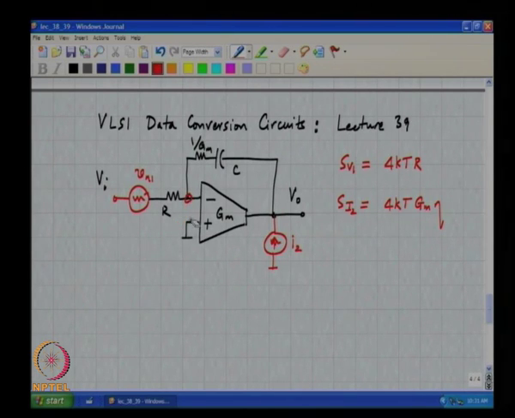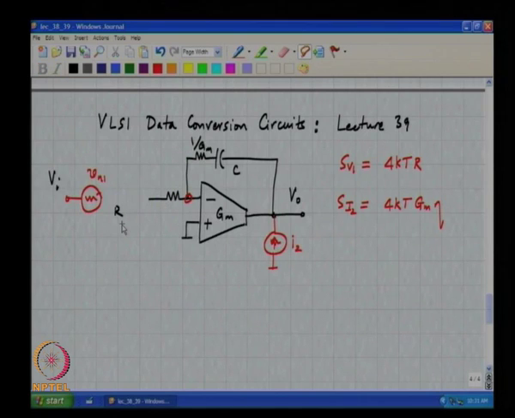what is the input impedance looking in here? How will you find the input impedance?